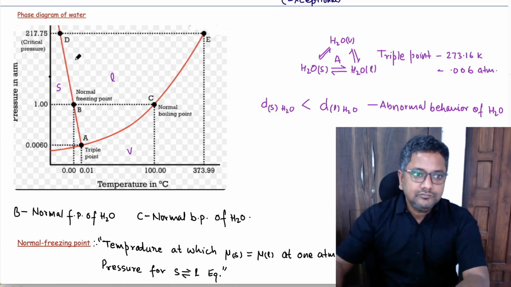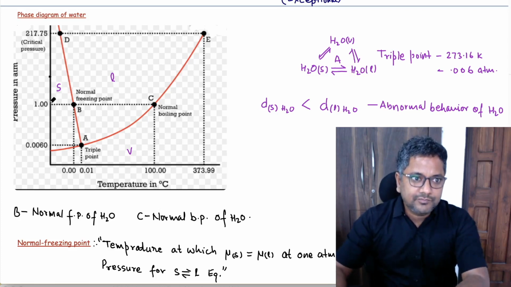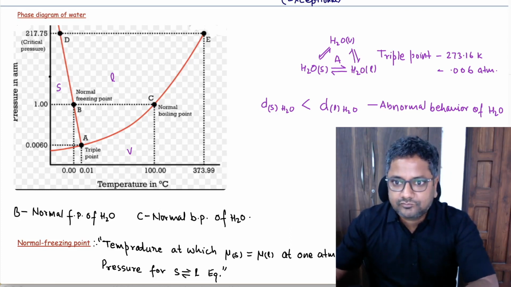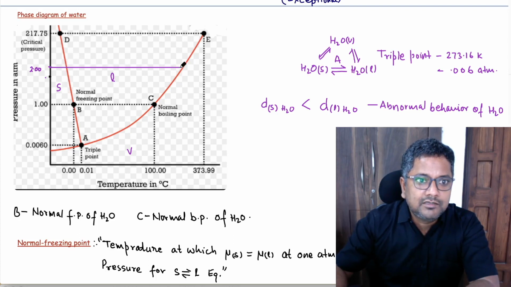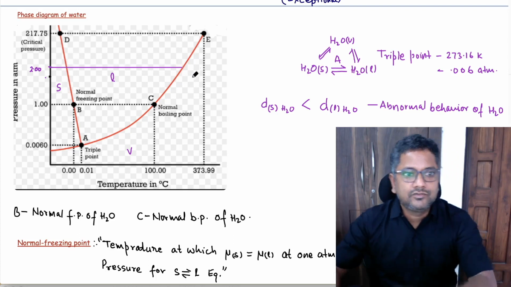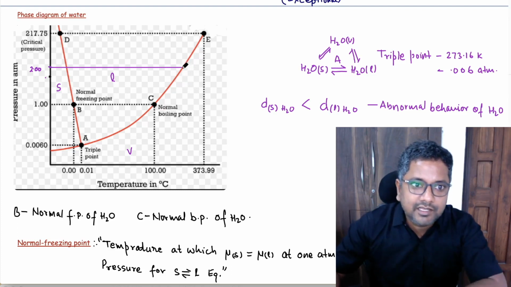If you increase the pressure, suppose at this point it is 2 atm, I will put a line here, and this line intersects here.